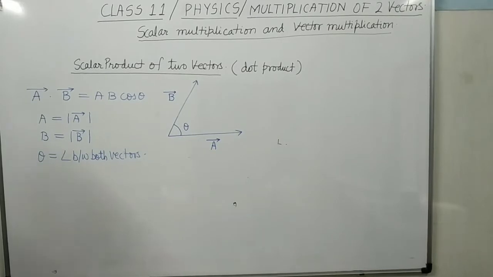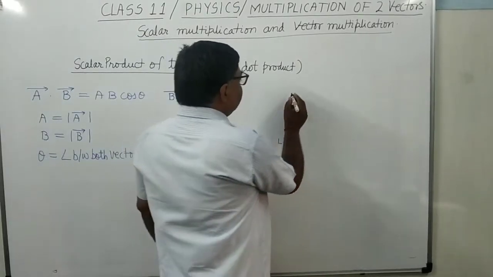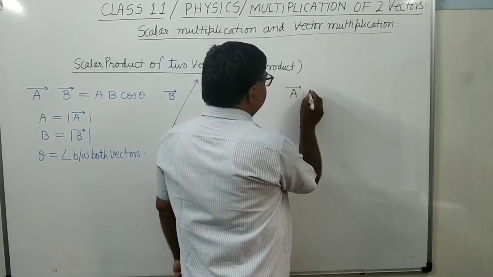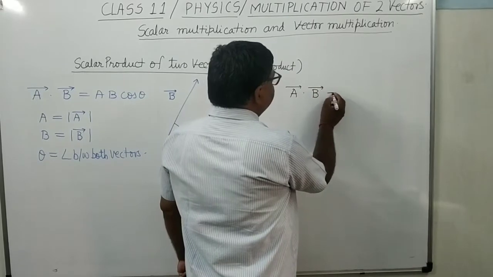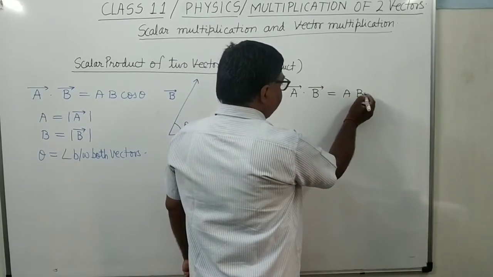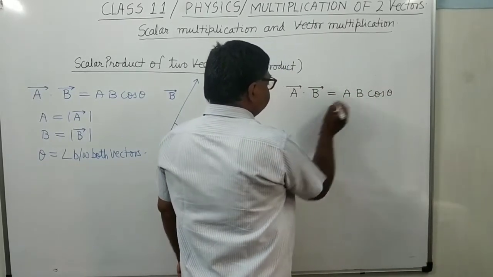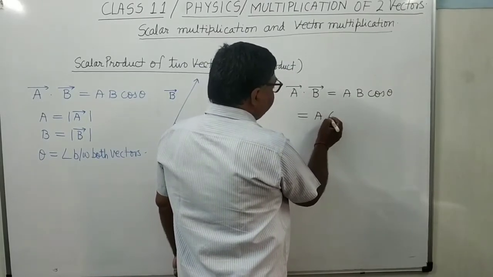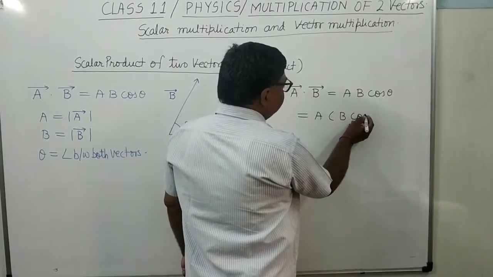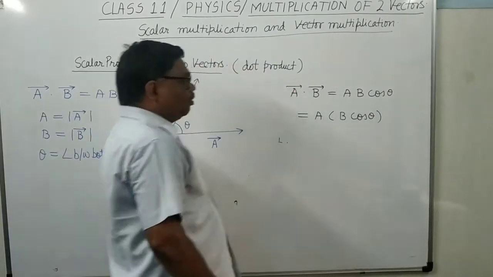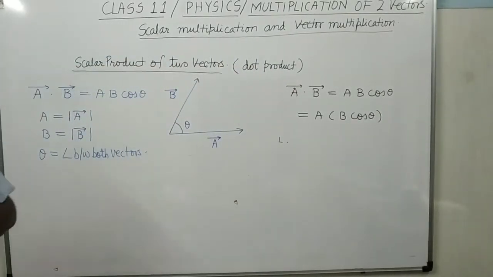Now if you carefully see this, you will find that vector A dot vector B, as I already told, is equal to AB cos theta. I have written it as A into B cos theta. Now what is B cos theta?